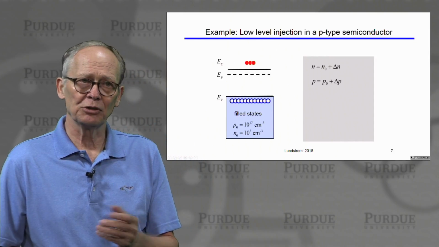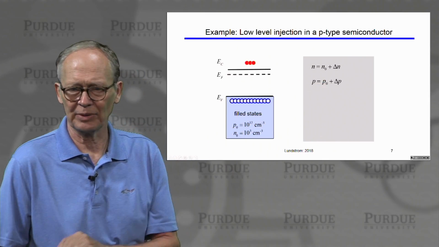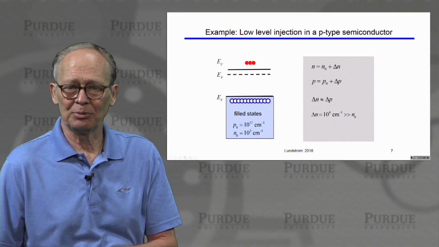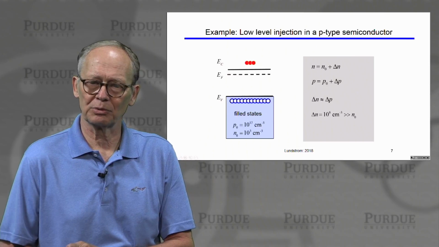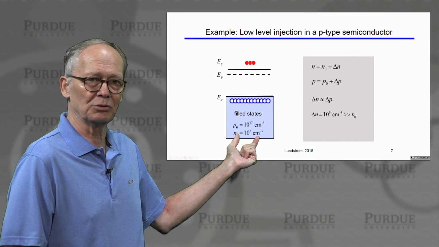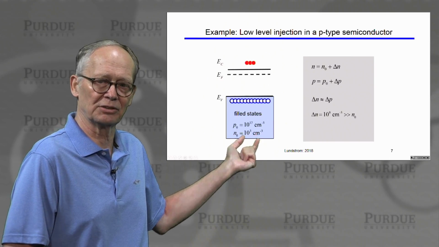Now we introduce excess carriers, excess electrons and excess holes, and let's say we introduce equal amounts. Let's say, for example, that we introduce 10 to the 8th excess carriers per cubic centimeter. You'll notice that that's 5 orders of magnitude bigger than the equilibrium minority electron concentration.